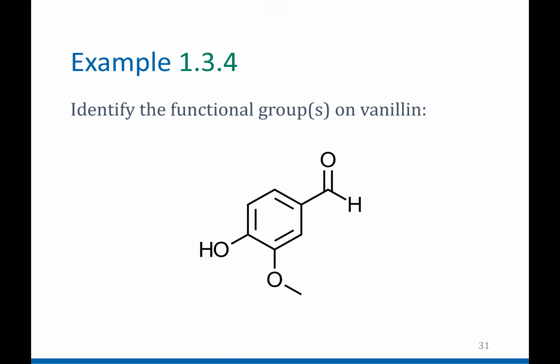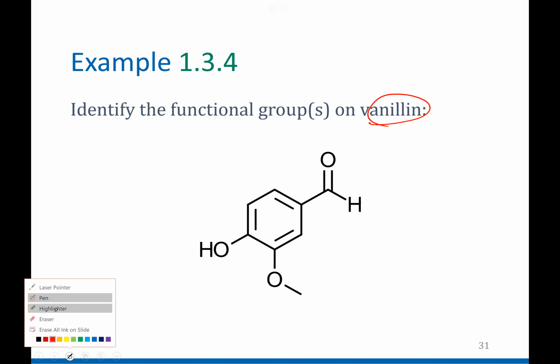But this is the chemical in vanilla that you taste that tastes like vanilla. A lot of baked goods have vanilla in them, and this is why. So similar to capsaicin, the chemical that makes your mouth feel warm or hot, this is what gives you that sweet, tasty vanilla taste. All right, so there's 3 functional groups here, and my chat is going crazy up there.